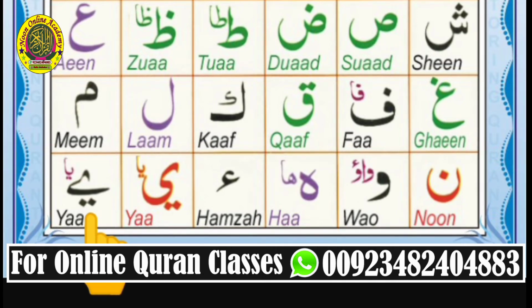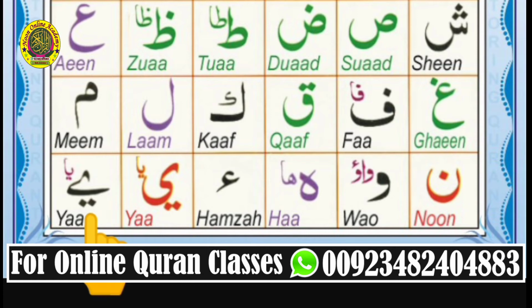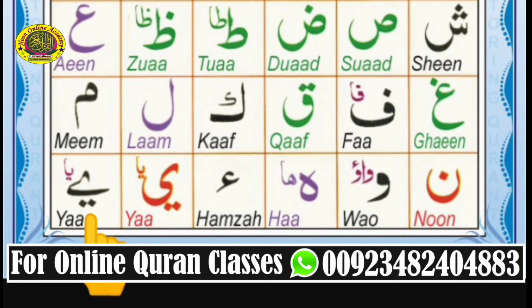So I will teach you these letters, for example, ha, sin, sod, val, za, za. They are different letters, but all of them have similar sound. We will learn about those letters inshallah soon.